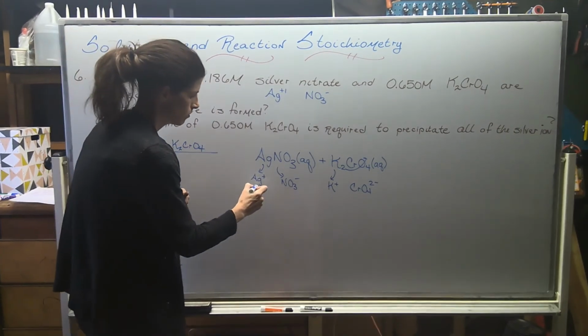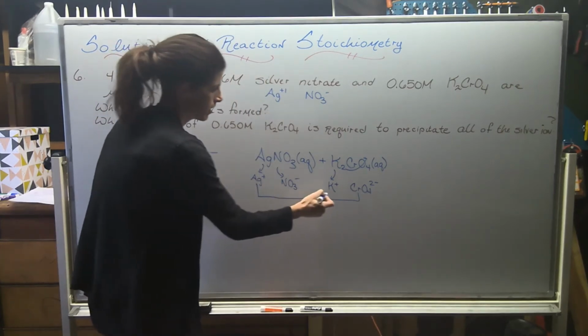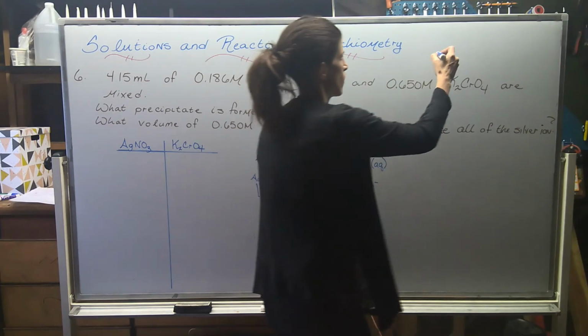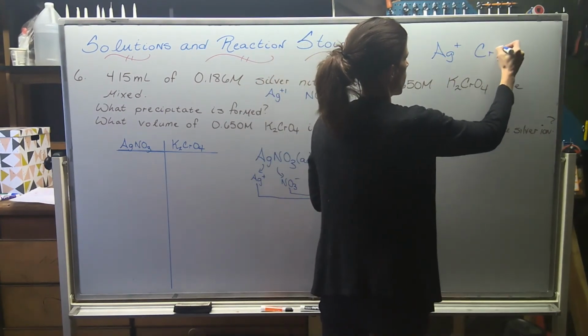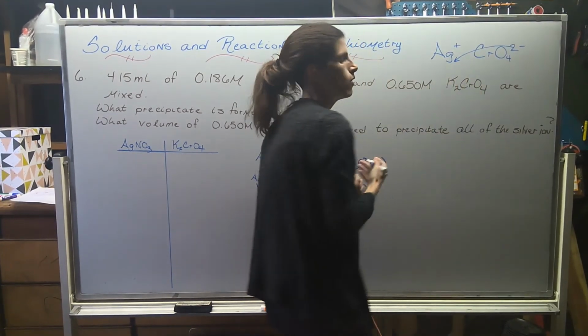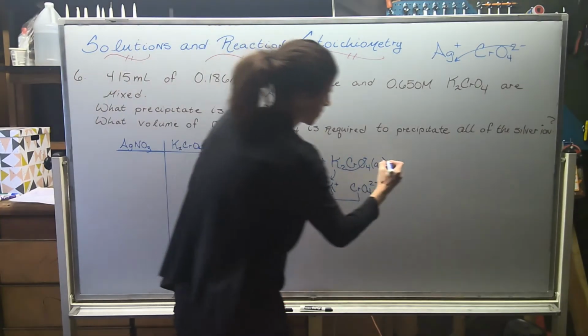I'm going to do-si-do. So silver will hook up with the chromate and potassium with the nitrate. So I have Ag plus and CrO4 2-. So this 2 is going to go down and serve as the subscript for the silver chromate.